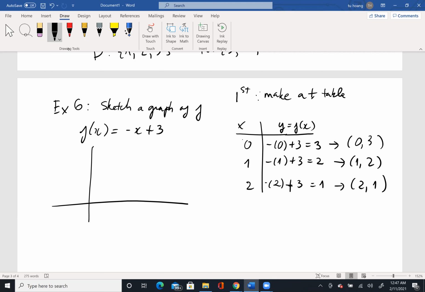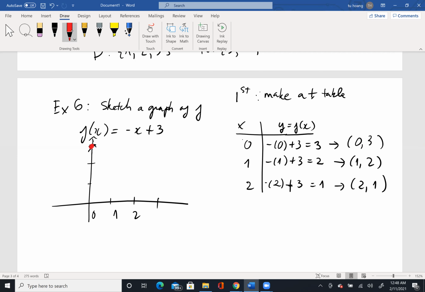So the maximum value of x is 2. So I have 1, 2, 3. So here's 2, here's 0, here's 1. The maximum value of y in here is 3. So 1, 2, 3 up here. Okay. So I'm gonna plot all the pairs. So 0 and 3 first. This one. What else?